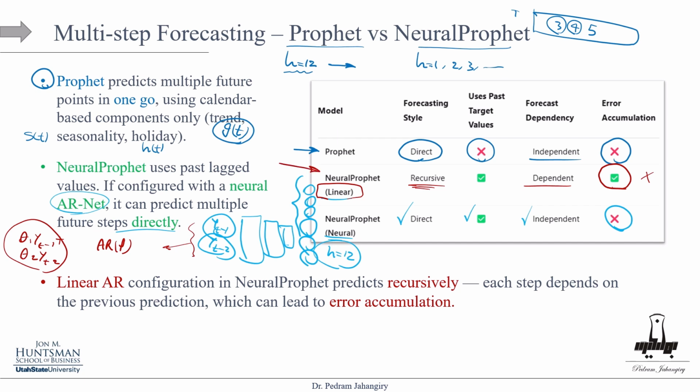So later on, when you're doing, for example, Python, if you're building your model and say, hey, this is the model and it's simply NeuralProphet, whatever it is, open close parenthesis. If you leave it like this, then right off the bat, your NeuralProphet is using the linear version of the AR components, not the nonlinear.